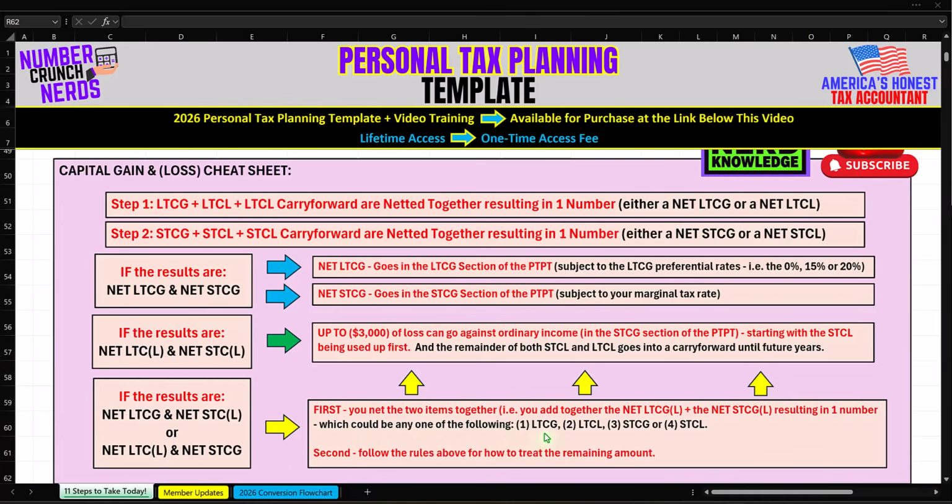It could be a net long-term capital gain, net long-term capital loss, net short-term capital gain, or a net short-term capital loss. And then second, depending on which of these 4 items it is, you will follow the rules above for how to treat the remaining amount. In other words, if it's a short-term capital gain, you follow this rule.